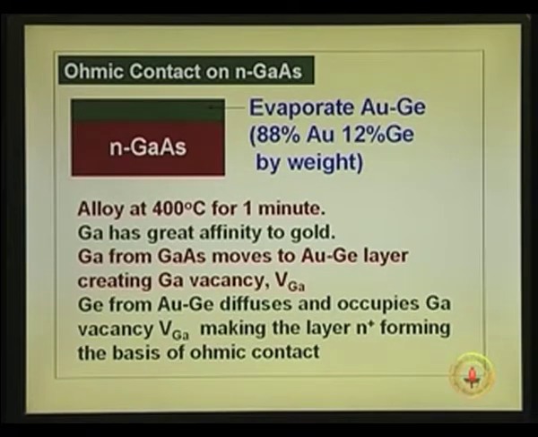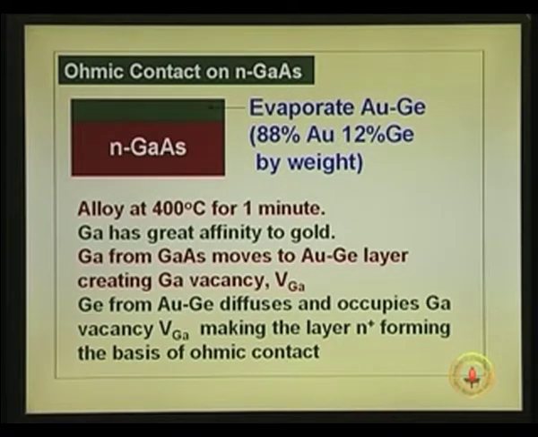So what is done is, evaporate gold germanium onto gallium arsenide, okay, gold 88% by weight, germanium 12% by weight. In fact, germanium 12% by weight would correspond to about 27 atomic percentage of germanium.